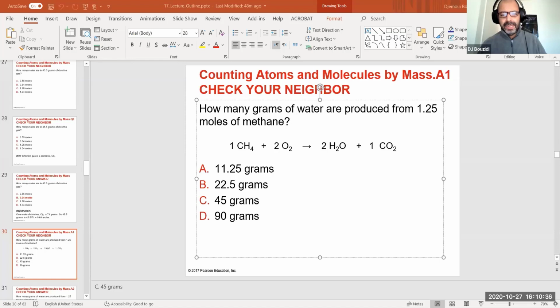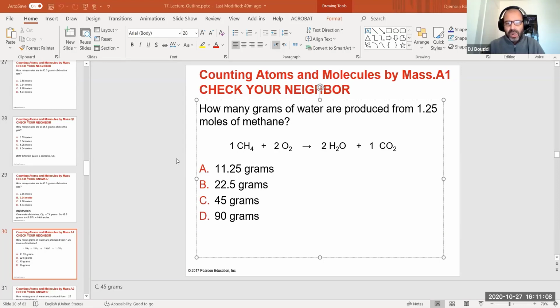Let me repeat her answer again. What she said was 1 mole of methane, from this equation, you can look at it, gives you 2 moles of water. 1 to 2. If I instead bring 1.5 moles of methane, the 1 mole will give me 2 still, and the other half mole will give me half of 2, which is 1, for a total of 3 moles of water.